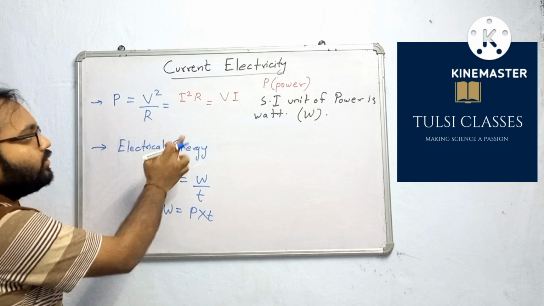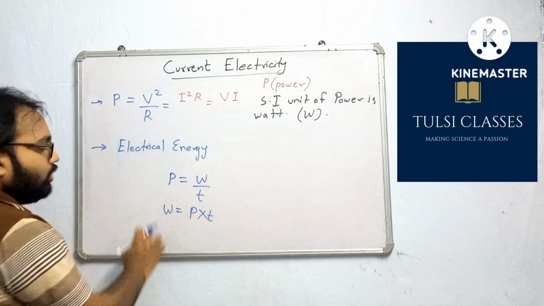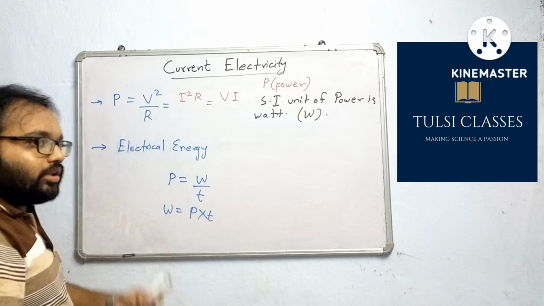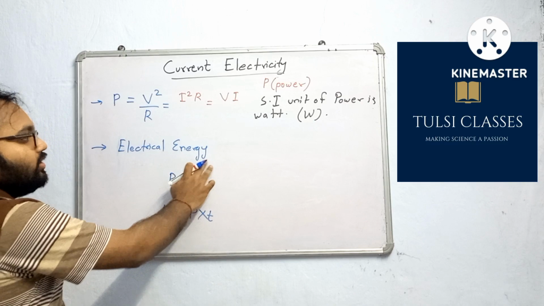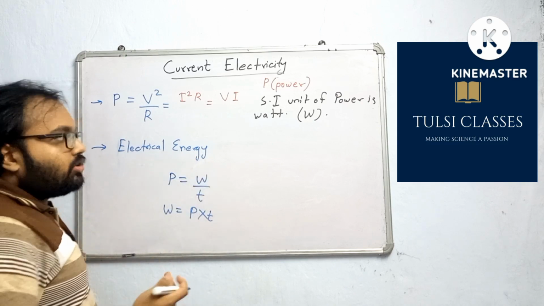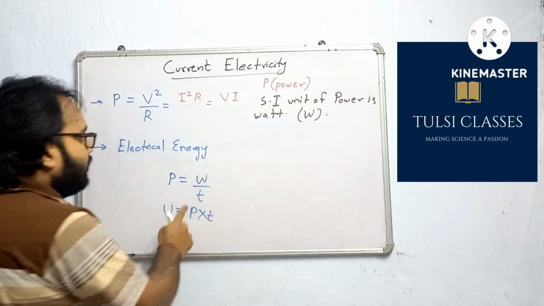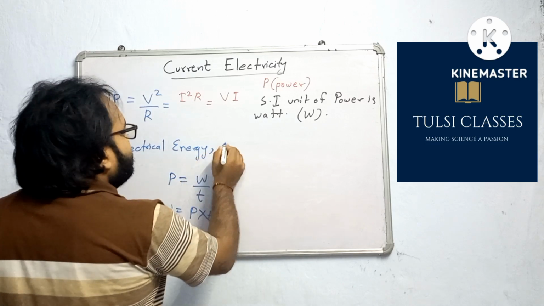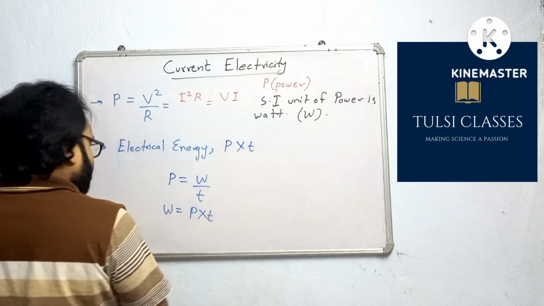If we multiply the formula above with time, we get the total work done, or the total electrical energy or the total heat energy. Please remember this: the examiner may also ask what is the heat energy consumed, and data will be given. So this will become electrical energy, which is power multiplied by time.